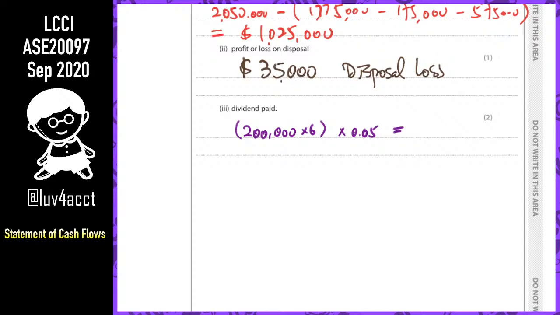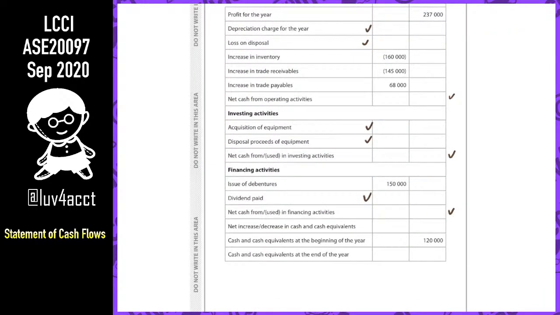So it is $60,000. This would go into your financing activity as a negative because you pay dividend. So we have found all the necessary information.